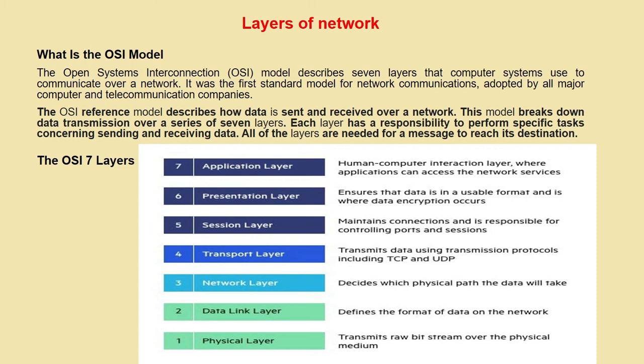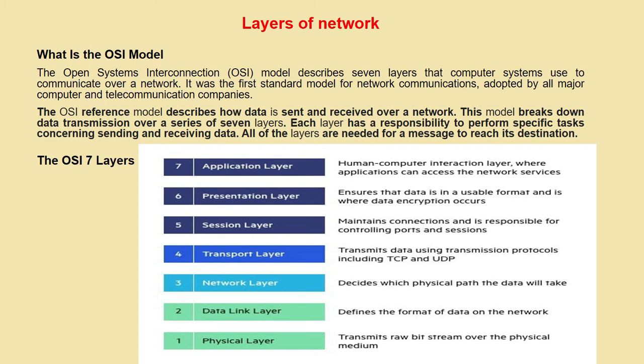Then the fifth is the session layer. It maintains connections and is responsible for controlling ports and sessions. The sixth one is the presentation layer. It ensures that data is in a usable format, and it is where data encryption occurs.